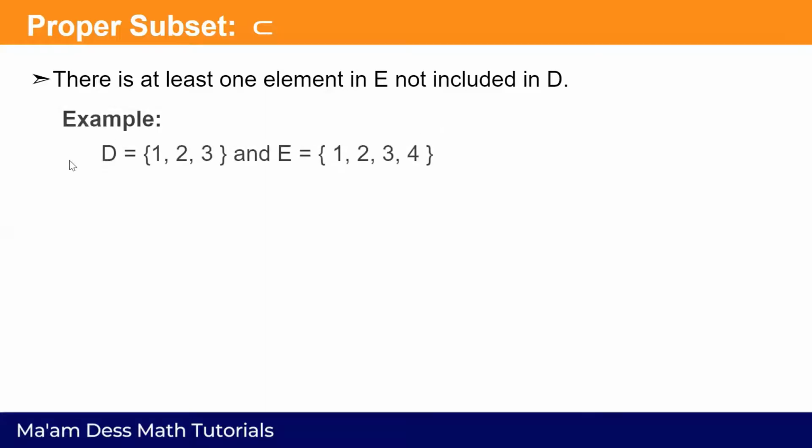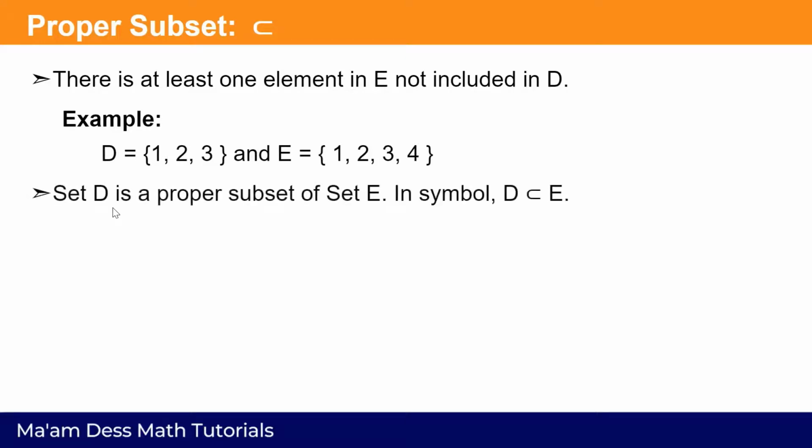Example, set D contains 1, 2, 3. Set E contains 1, 2, 3, 4. Now, what is the proper subset here? Set D is a proper subset of set E. In symbol, D is a proper subset of E. Why is it a proper subset?